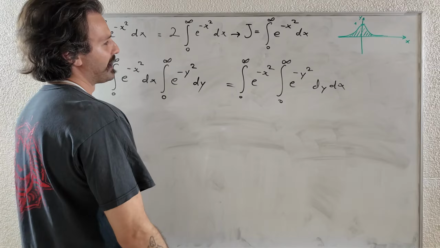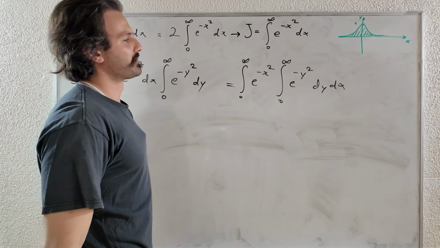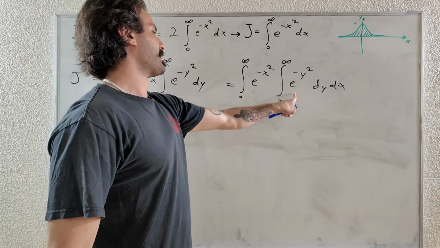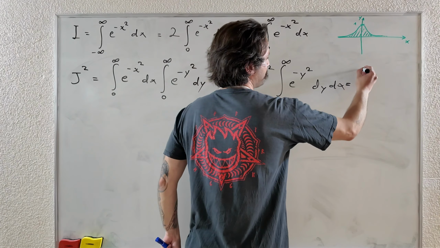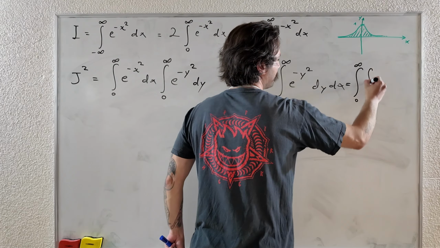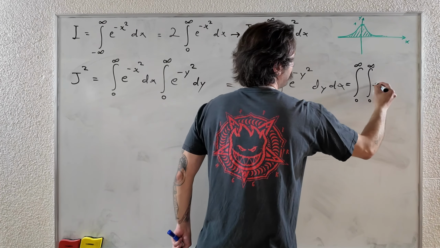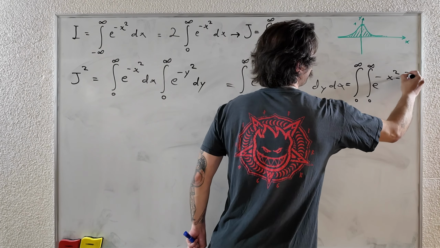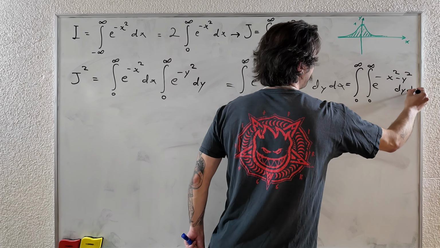Since e to the power of minus x squared is a constant with respect to y, we can bring this inside this integral. So this gives us a double integral from 0 to infinity of e to the power of minus x squared minus y squared dy dx.